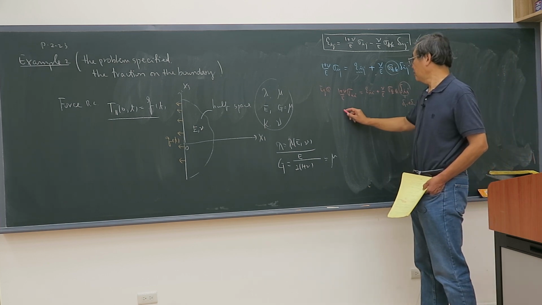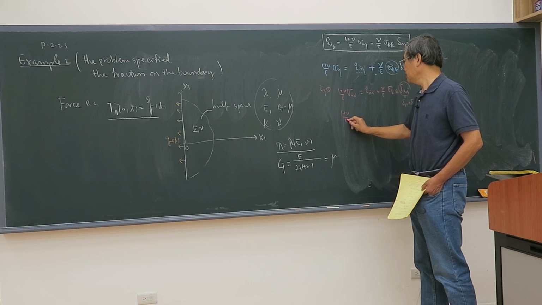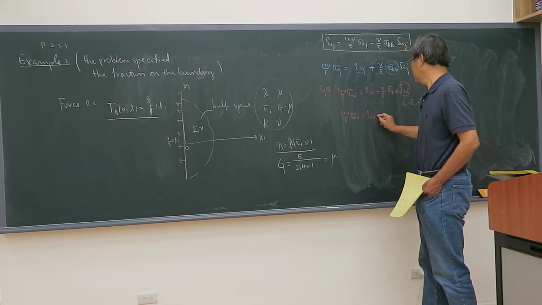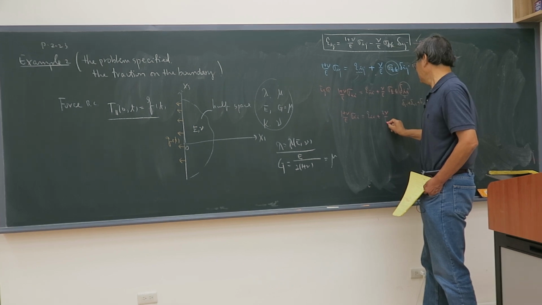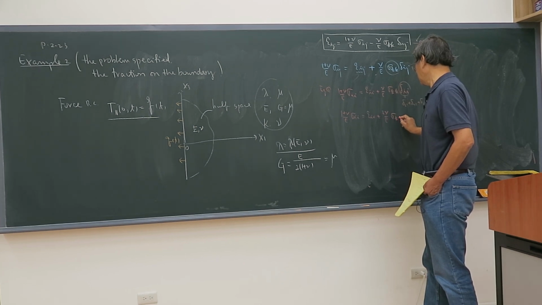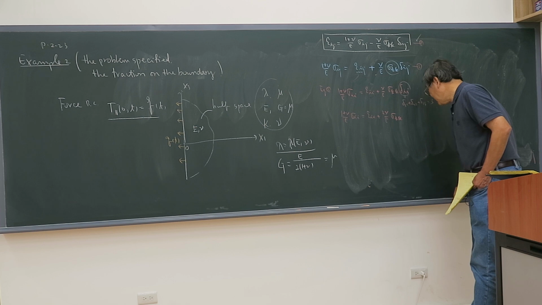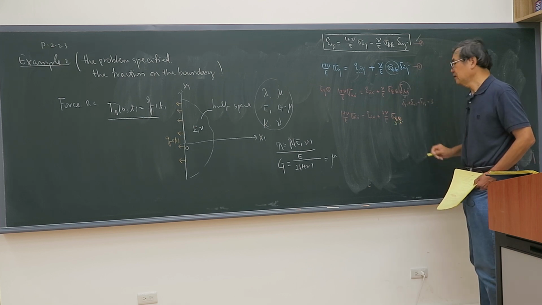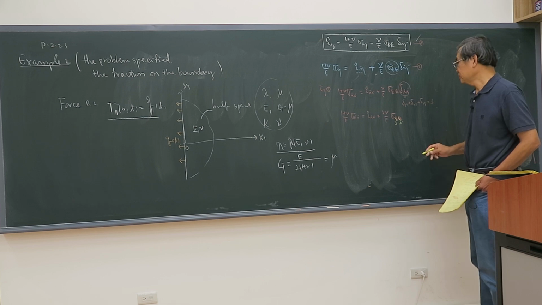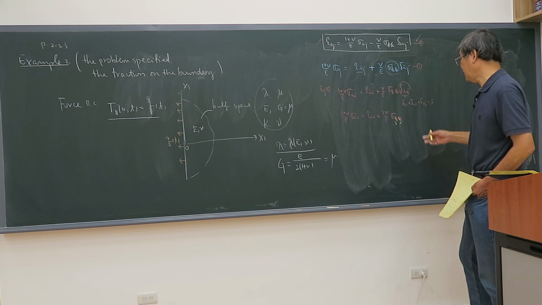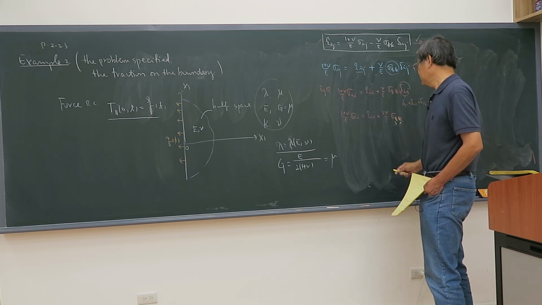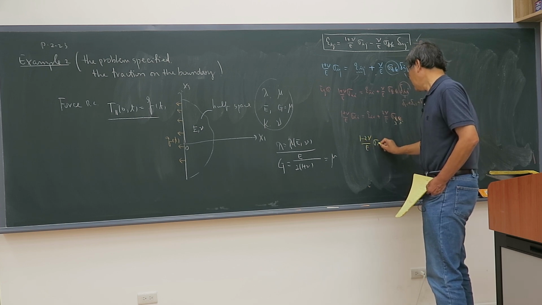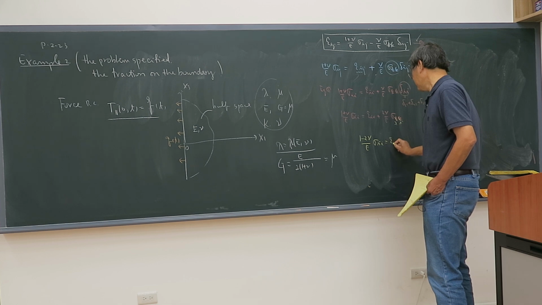So I have (1 + ν)/E σii equal to εii plus 3ν/E σkk. Because kk is dummy, I can change it to i. So I have (1 − 2ν)/E σii equal to εii.